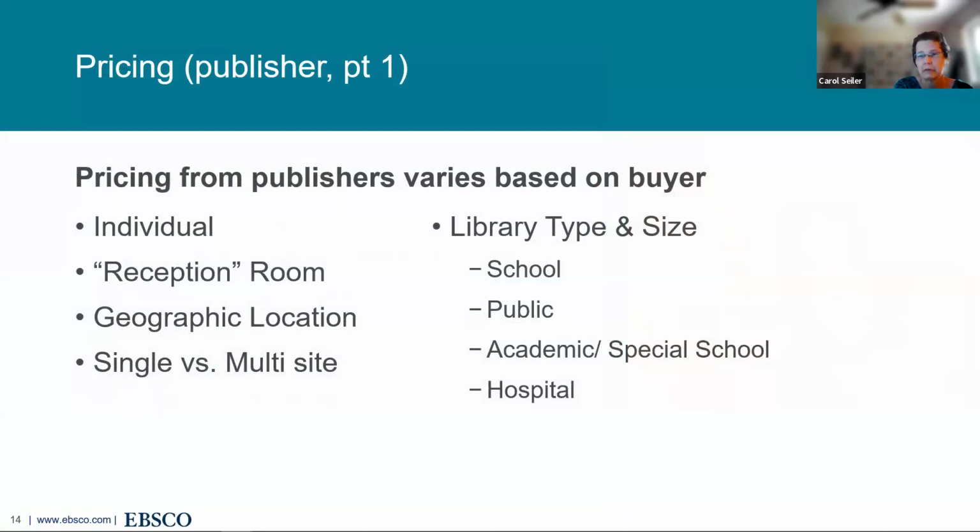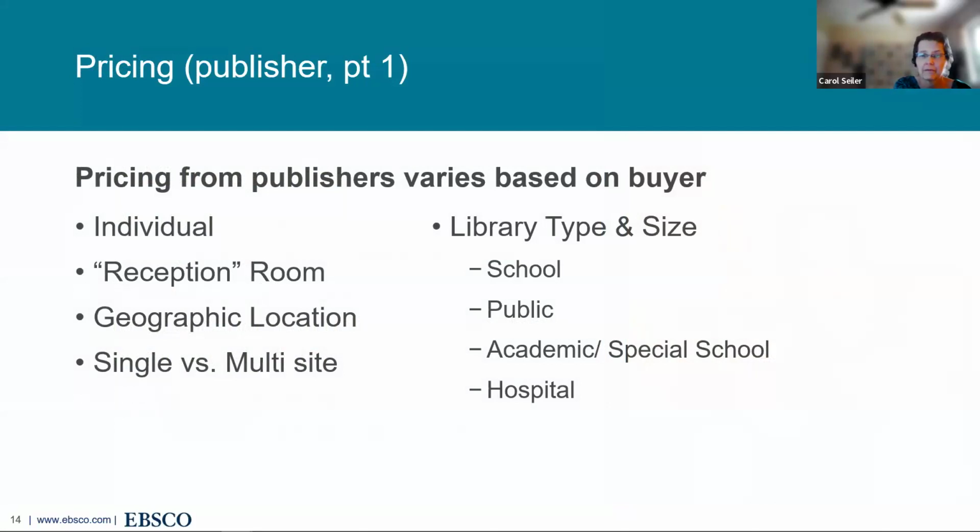So let's look at how the publishers price these titles out. And notice this is publisher pricing part 1. There are 4 parts to this. So one thing that the publishers look at is who's buying it. If I, Carol Seiler, am purchasing a title, I'm going to pay less money than the library. But know what?